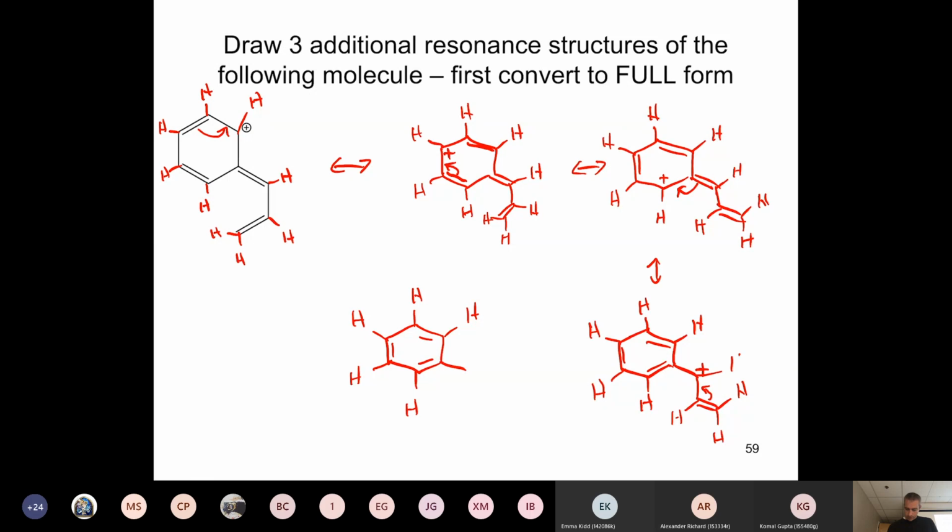There's a hydrogen here too. Plus there. I think that's it.